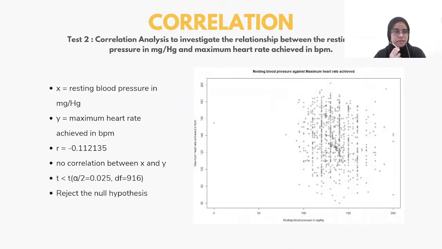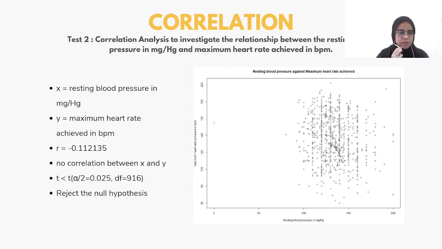The second test is correlation analysis, which investigates the relationship between the resting blood pressure in mm/Hg and maximum heart rate achieved in BPM. As in the scatter plot diagram, on the x-axis is the resting blood pressure in mm/Hg, and on the y-axis is the maximum heart rate achieved in BPM. Let's calculate the value of the correlation coefficient by using Pearson's method.